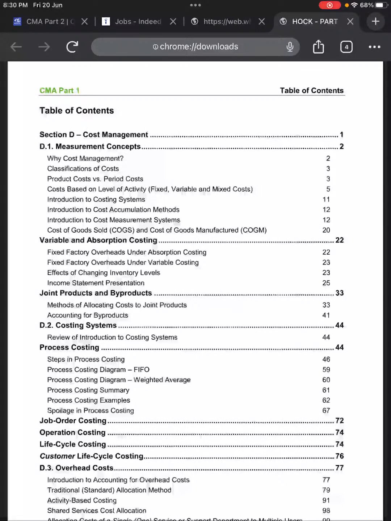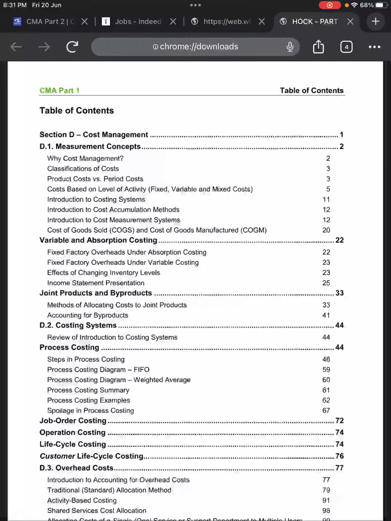measurement concepts. The measurement concepts include why cost management, classification of cost, product cost versus period cost, cost based on level of activity, fixed, variable, and mixed cost, introduction to the costing system, introduction to the cost accumulation method, introduction to the cost measurement system, and cost of goods sold, COGS, and cost of goods manufactured, COGM.